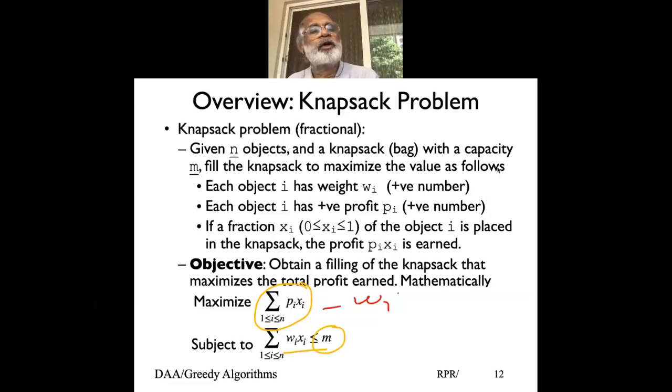If I can make it equal to m, great, but this cannot exceed m because that's my maximum size allowed. So the objective is to maximize this profit, sum of pi xi, subject to the weight sum over wi xi for all the items being less than or equal to m. And that's precisely what we call the knapsack problem. And that's what we'll do, and formally solve the problems with this approach.